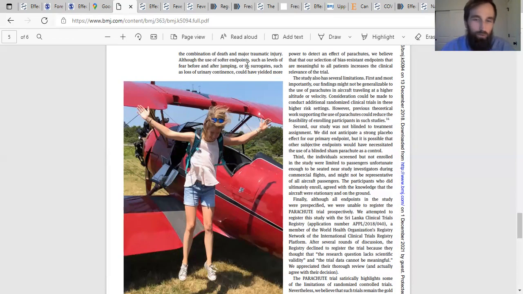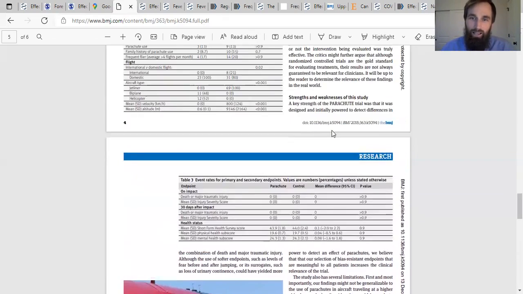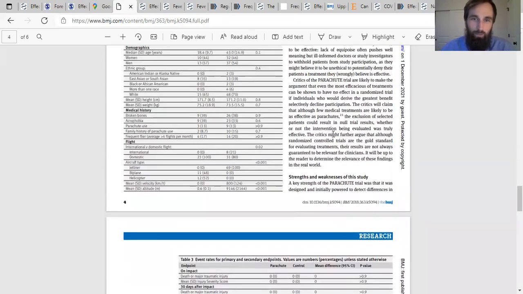If there's no randomized controlled trials on that, there's no proof that that works. Well, in the case of an airplane, when your airplane's going down and you need to use a parachute, it's your only option, you need to get off the plane.